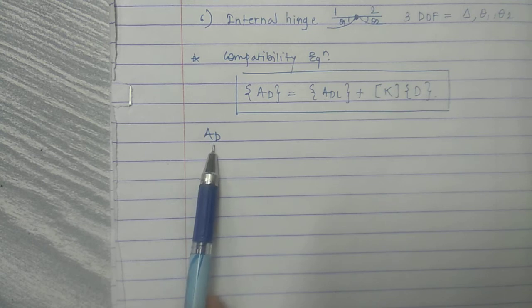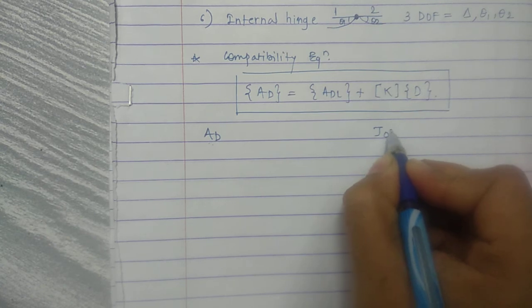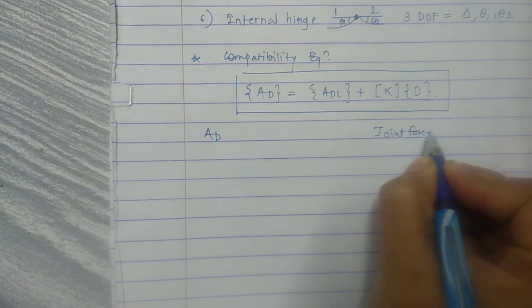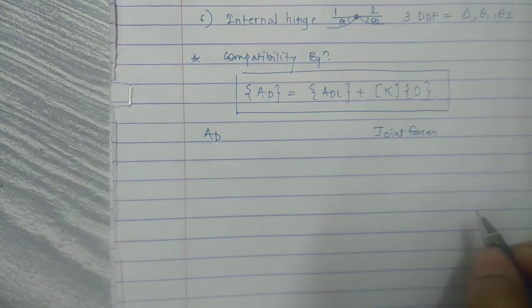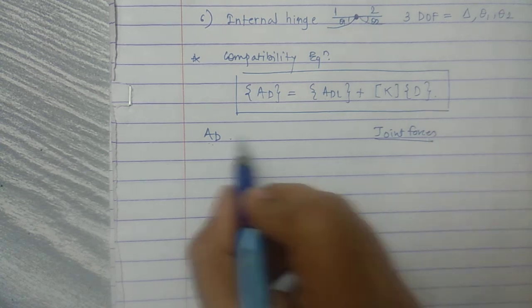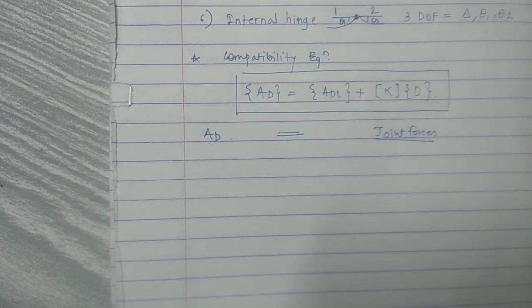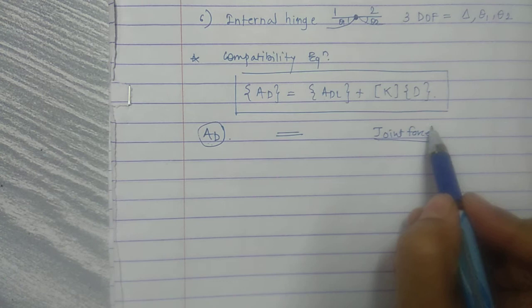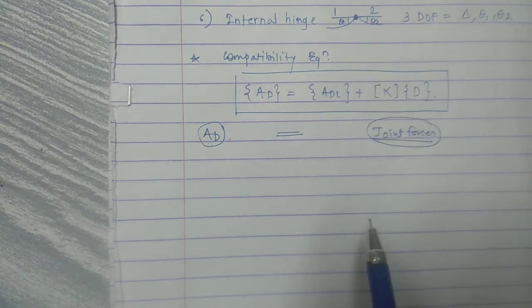In the member approach, in the step of calculating the equivalent nodal force, F is equal to minus Q plus joint forces, we calculate the joint forces as the action corresponding to the displacement in the original structure. So both terms are the same. This term is from the structure approach and this term is from the member approach. Just correlate these two terms.